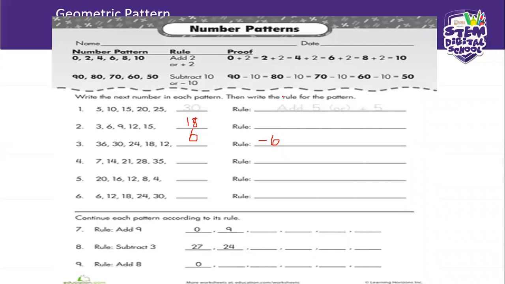Let me get maybe number 8. So the rule for number 8 is to subtract 3. What are the numbers that you're going to get after 24?